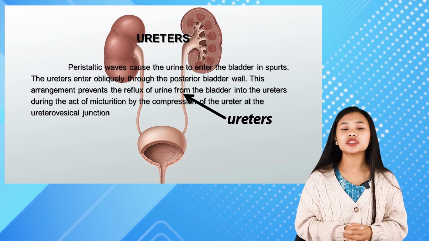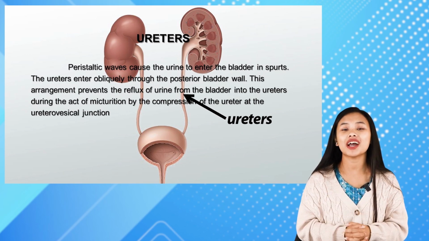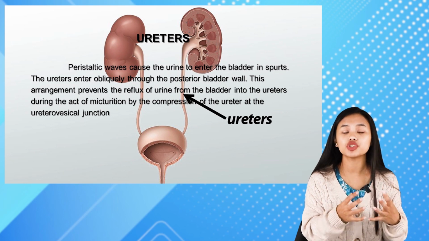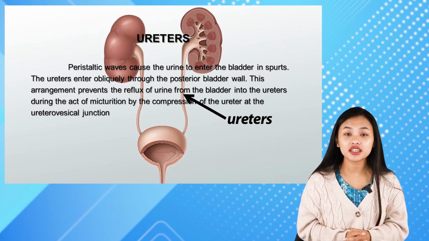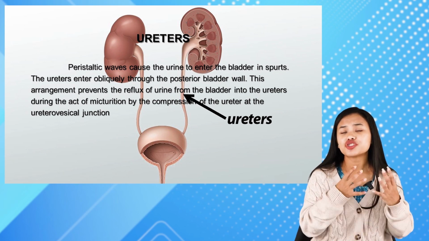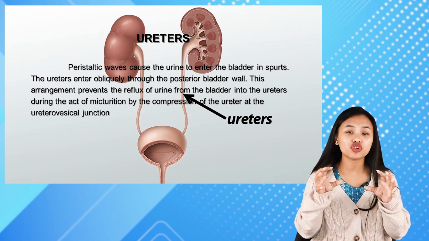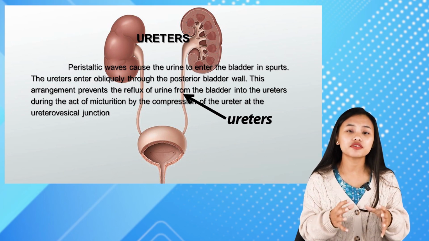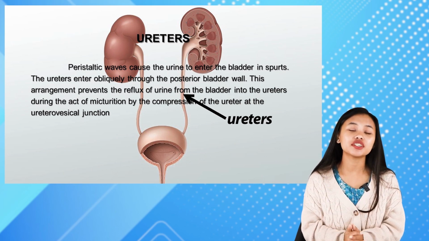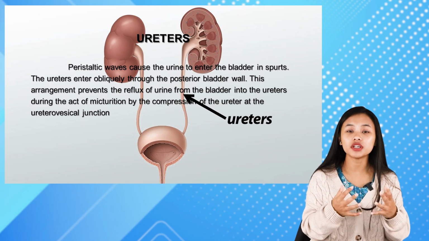So here, if there is any obstruction in the ureter, such as the presence of renal calculus, which we commonly call the kidney stone, it will result in a strong peristaltic wave in order to make an attempt to remove the obstruction into the bladder, and because of this there will be pain, and this pain is often referred to as the renal colic.